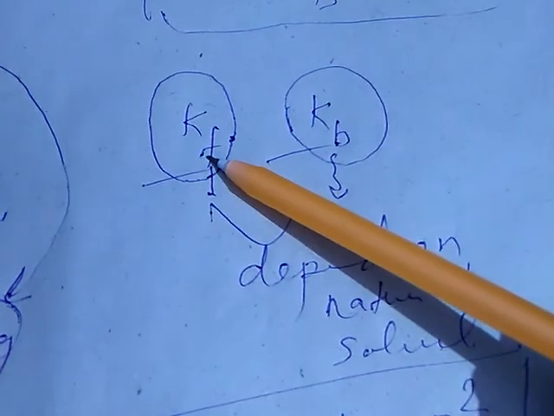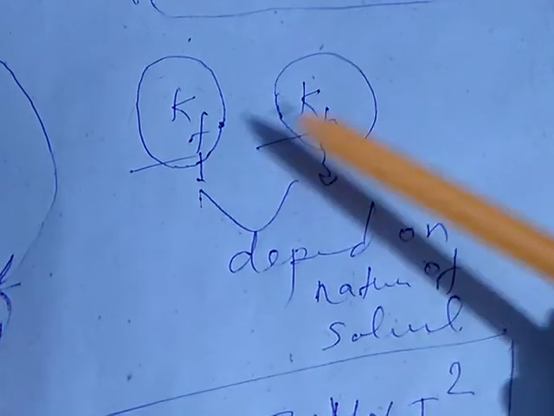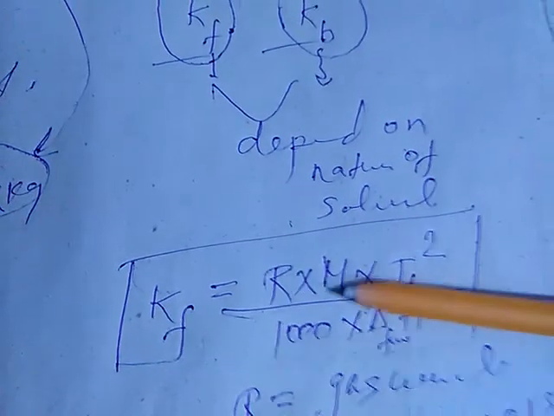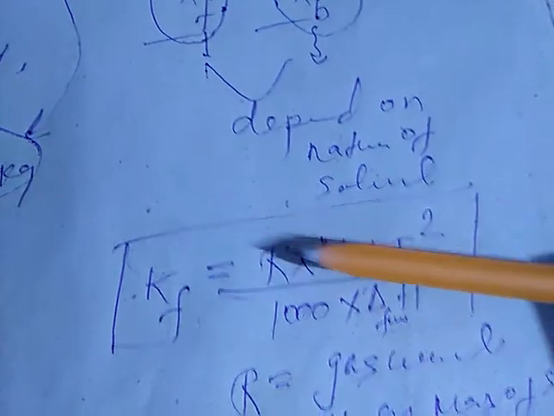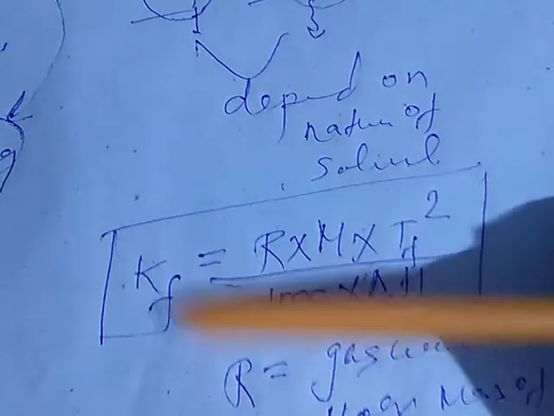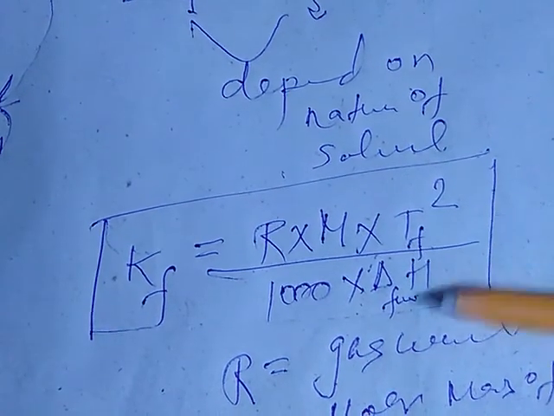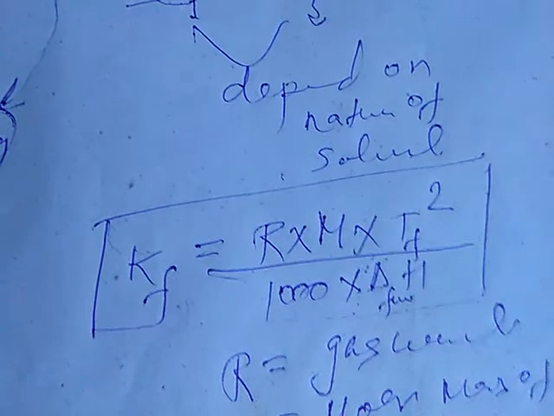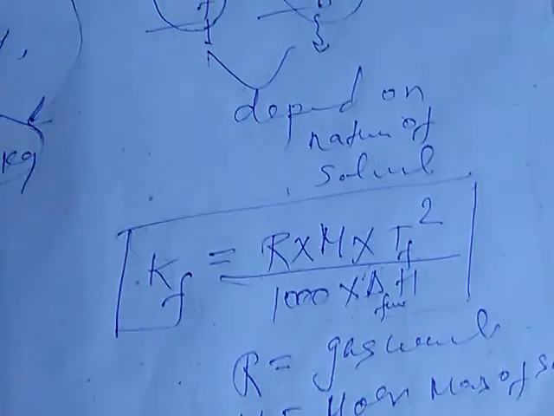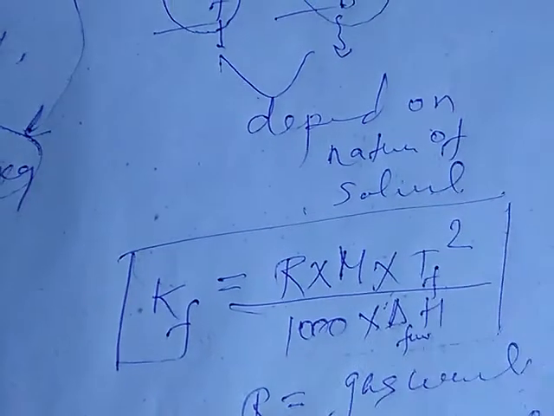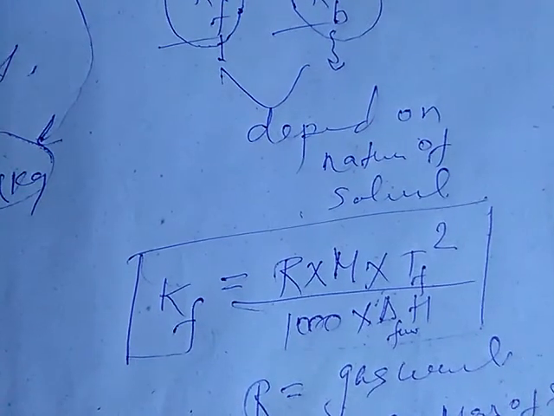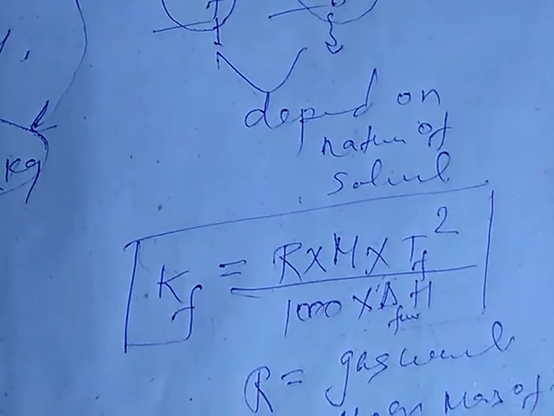Next, Kf and Kb depend upon the nature of the solvent, and we can calculate Kf by using this expression. For Kb also the same kind of expression is present, but instead of enthalpy of fusion, the enthalpy of vaporization term will be used. So that's all for depression in freezing point. In the next video we will see the last colligative property, and that is osmotic pressure.